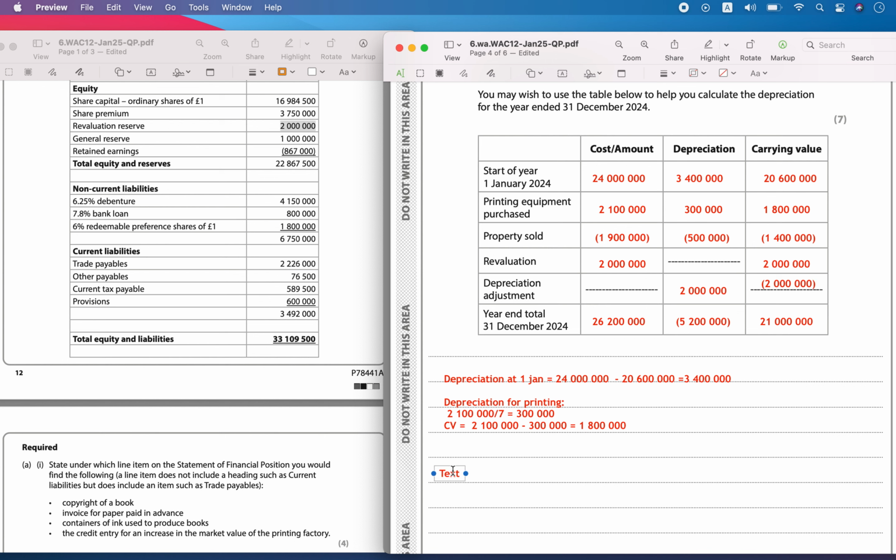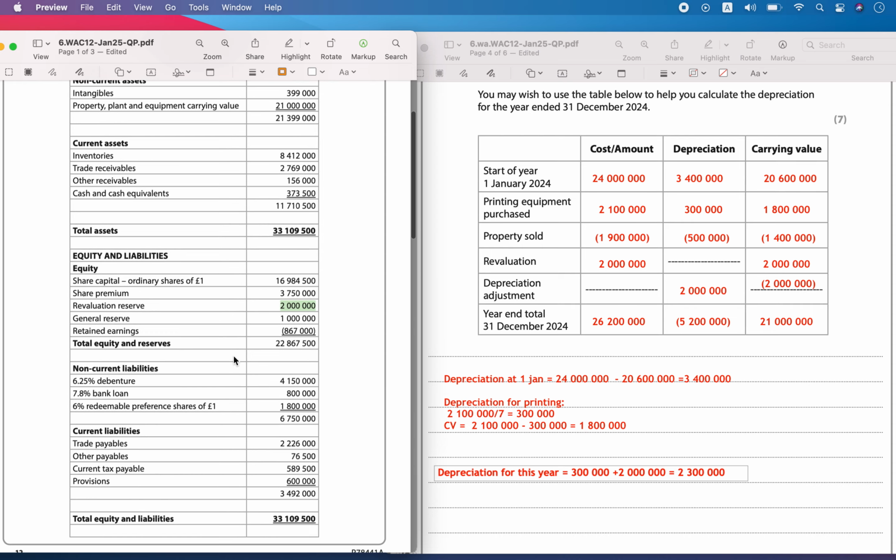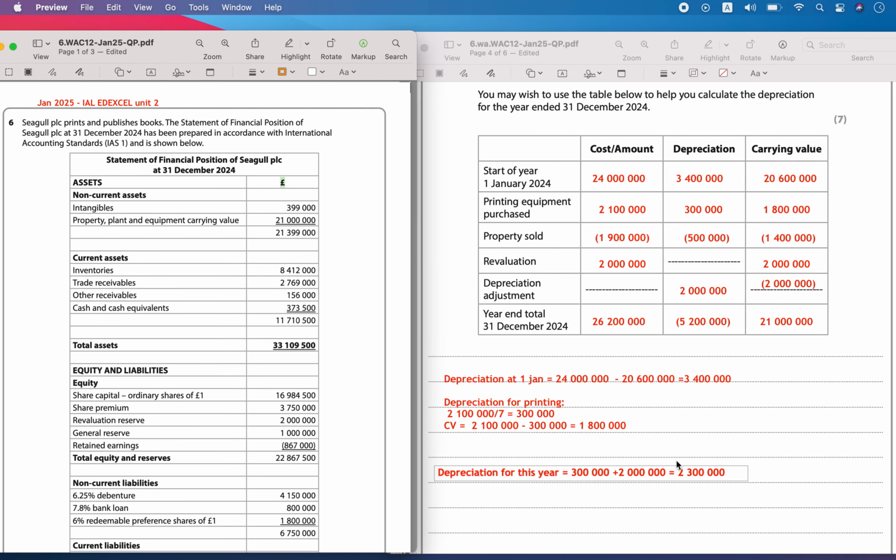Now the depreciation for this year is going to be equal to this 300,000, which was the equipment that was bought, plus the depreciation adjustments due to the revaluation that has happened. So the total depreciation for this year would become equal to 2.3 million.